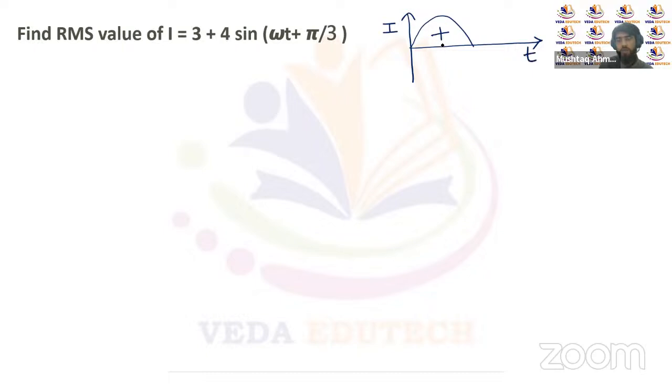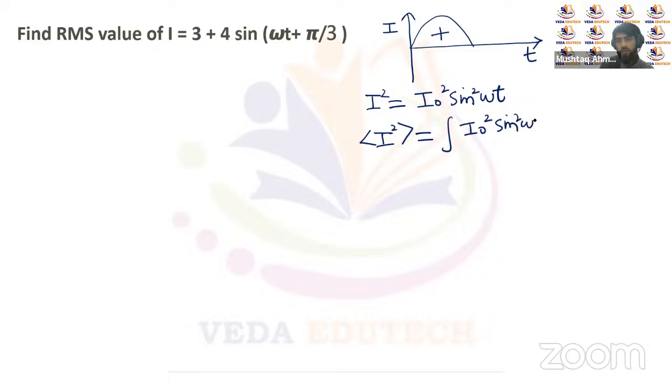We'll proceed in the same way. We'll take the square of the current, that will be I naught square sine square omega t, and then we'll take the mean of this function, which is I naught square sine square omega t dt over the integral of dt.